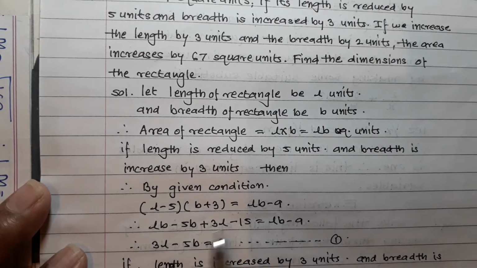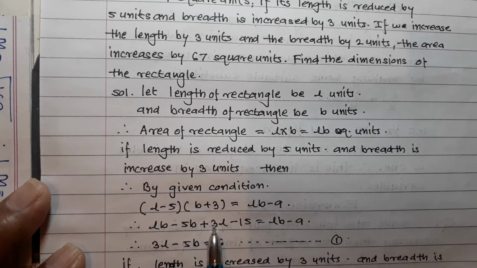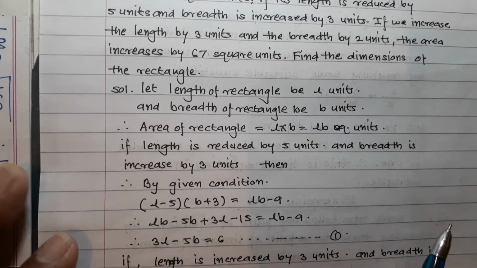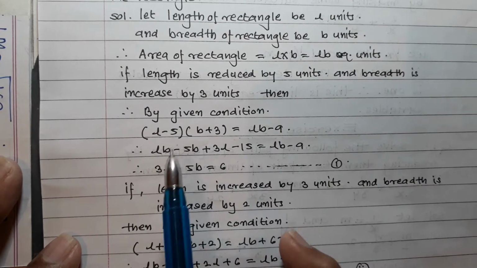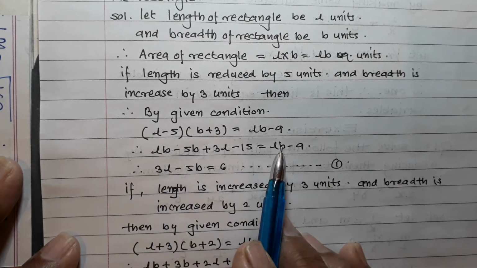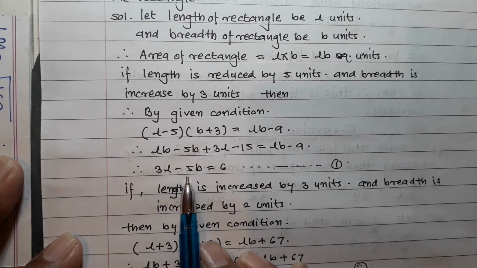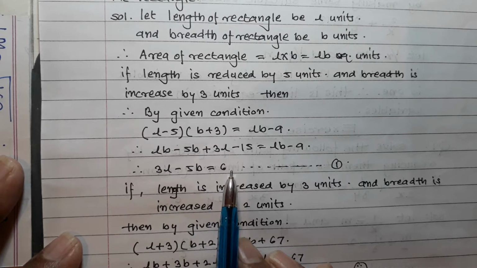Now simplify this: LB minus 5B plus 3L minus 15 is equal to LB minus 9, and therefore this LB and this LB get cancelled, so 3L minus 5B is equal to 6.